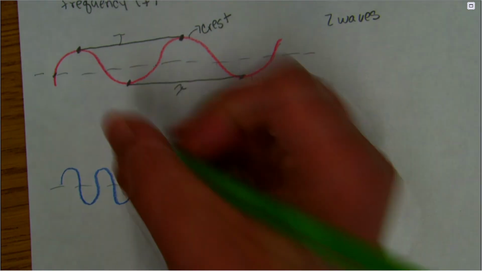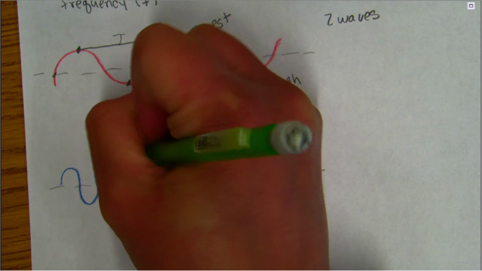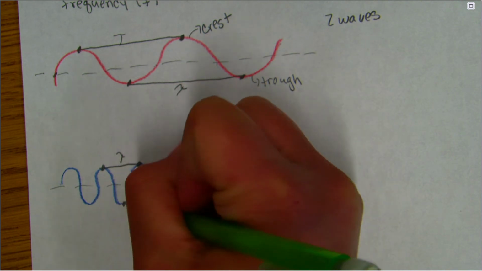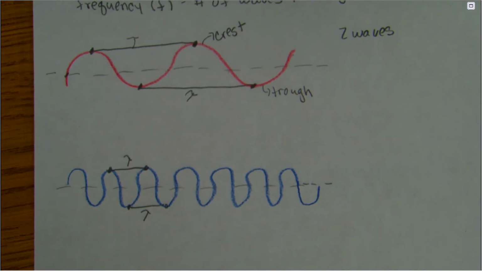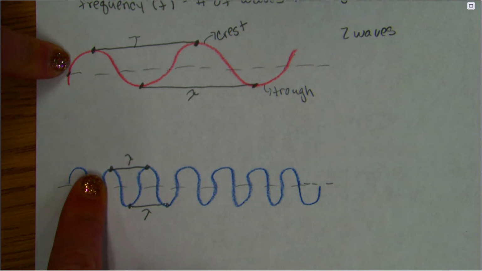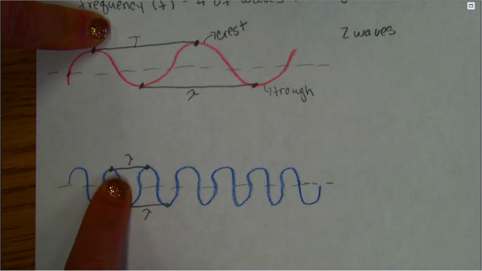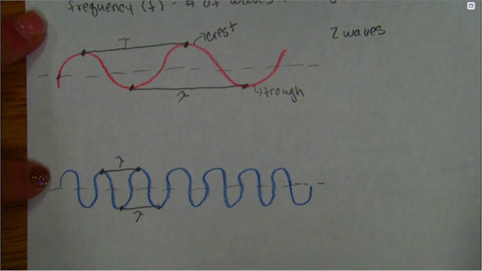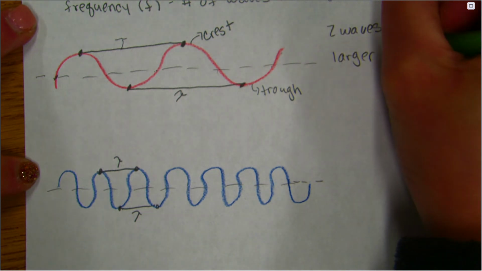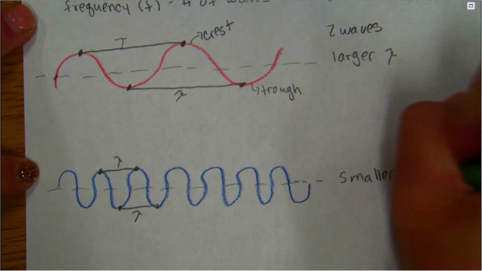The wavelength goes from the top to the top, the crest to the crest, or trough to trough. What do we notice about the wavelength of the red compared to the wavelength of the blue? The red has a much larger wavelength than the blue. So the red has a larger wavelength. The blue has a smaller wavelength.